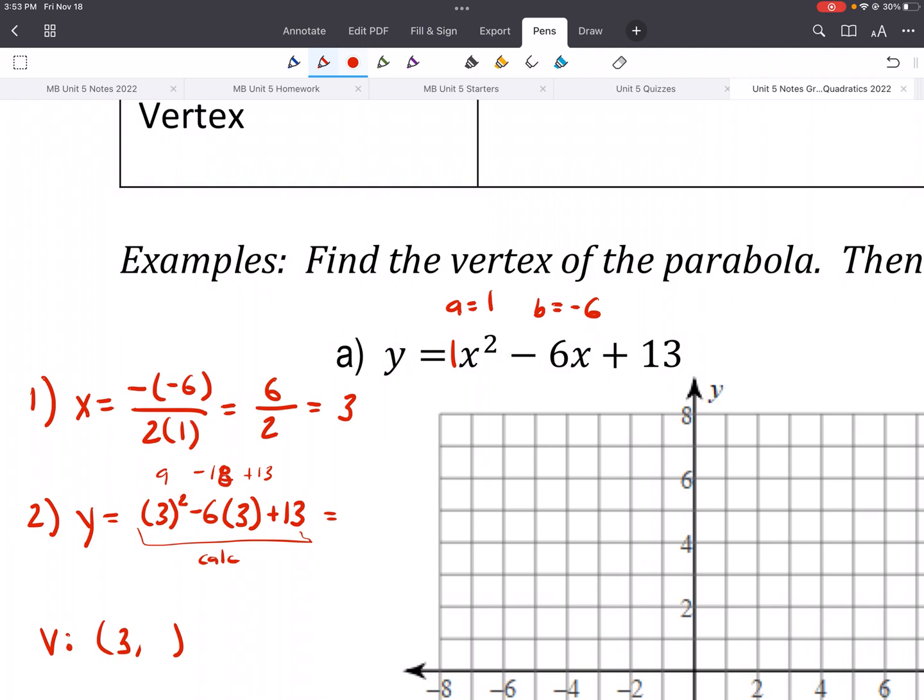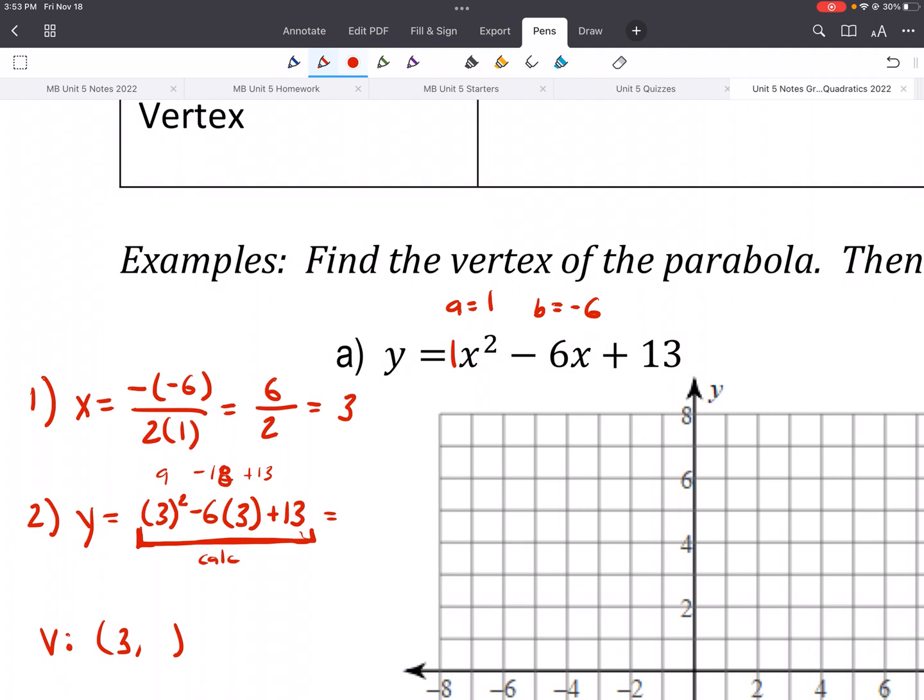But anyways, my bad. I would just make sure you put your equation in correctly first off, and then I would type this into your calculator exactly. When I did that the first time, I got 10. And obviously 10 isn't on the graph anywhere, so that's a good way to tell I probably made a mistake.